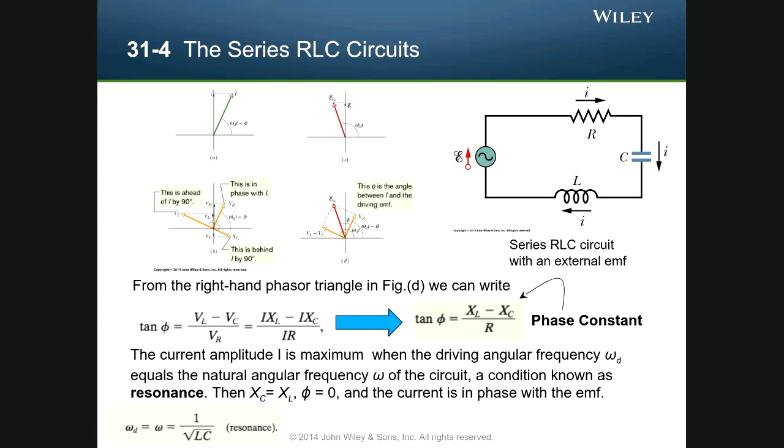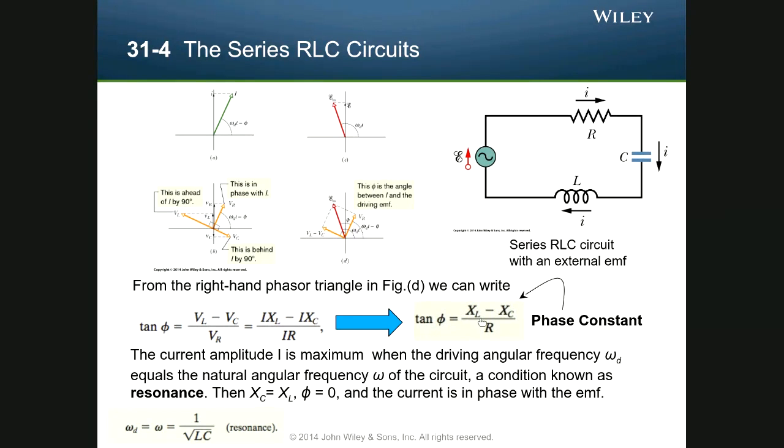Okay? So from the phasor here, you can justify the equation here, which I'm just going to state, which is that the phase angle is equal to XL minus XC over R. You can also do that from the Pythagorean theorem.